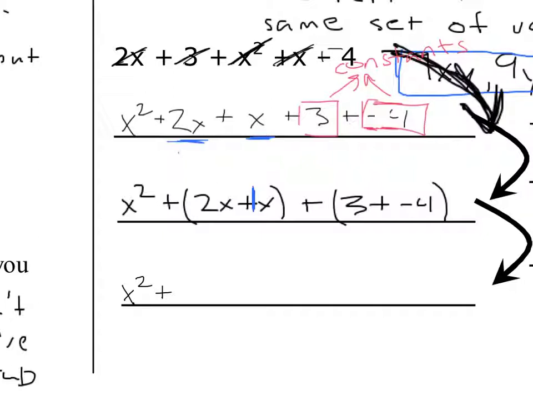So we're going to add that to our 2x. So we have 1x and 2x, and so together they are 3x. Over here with our constant terms, we have 3 plus -4. Be very careful. That's more negative than it is positive, so that's not just 1, that is -1.